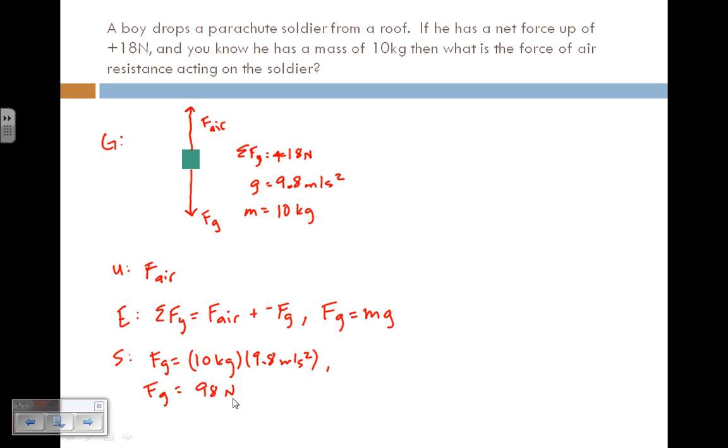So that's our force from gravity. From here we can plug this 98 into this first equation. So it's going to be the sum of all forces in the y, which is positive 18 newtons, is equal to the force of air resistance plus the negative force from gravity, which is 98. So to get rid of this, we'll have to subtract a negative 98 newtons on both sides.